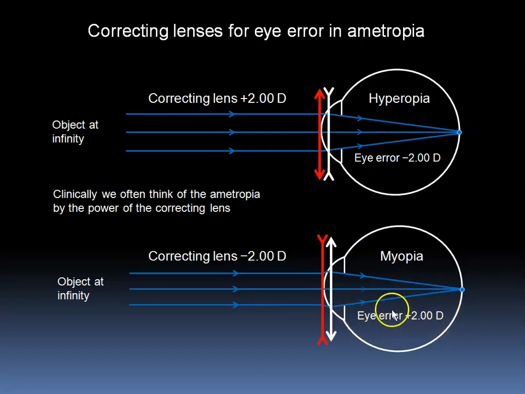We say that the eye error is +2, and we need a -2 lens in front to compensate for it. Again, we often describe the myope in terms of the correcting lens and say it is a -2 myope, but in actual fact the eye error is +2. It has too much converging power by 2 diopters in this example.